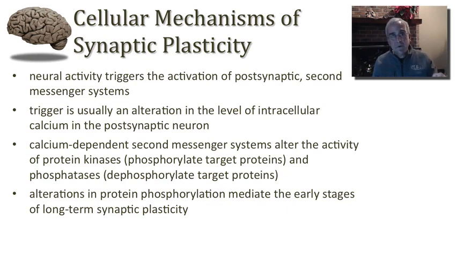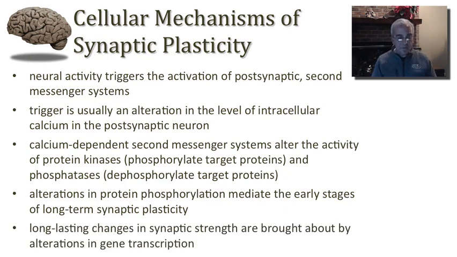But to get to the long-term stages of synaptic plasticity, there needs to be a means for altering gene expression. So that's the basic scenario by which synaptic plasticity has both short and long-term consequences on the structure and function of neuronal connections.